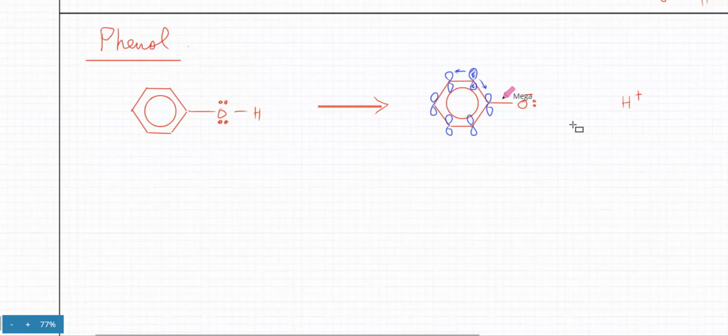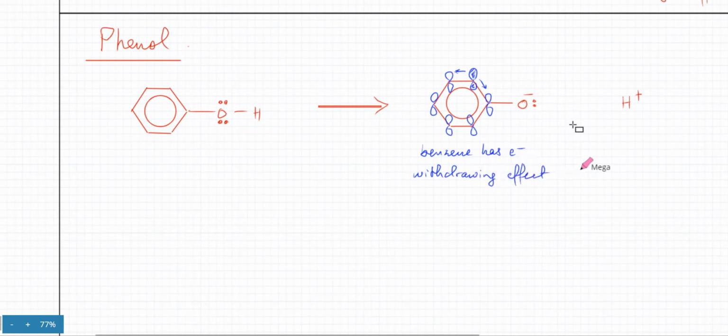So the electron density on benzene is very less. And benzene has an electron withdrawing effect.